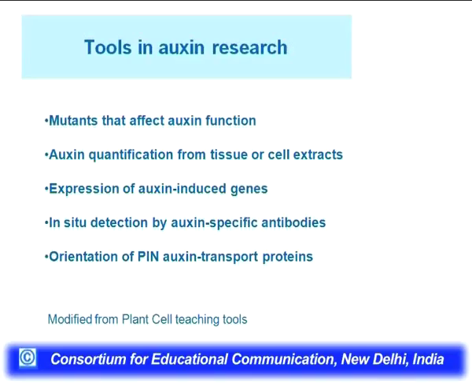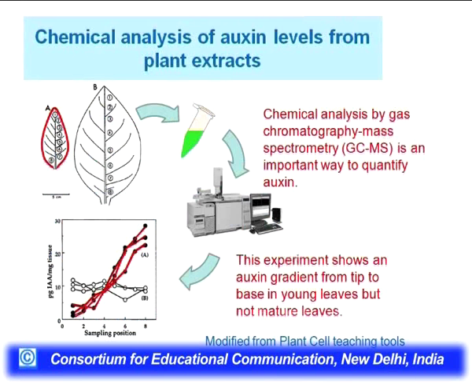You can get many different mutants in different plants where you can study auxin biosynthesis and signaling, quantification of the tissue, expression of auxin inducible genes, in situ detection by auxin specific antibodies, and orientation of the auxin flow. I will discuss those things.